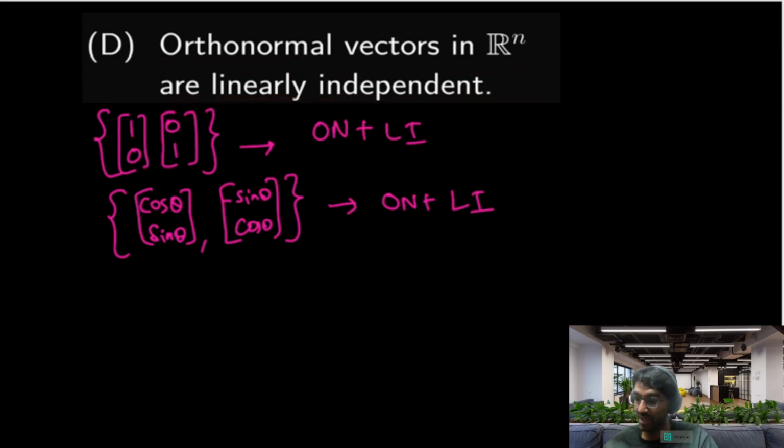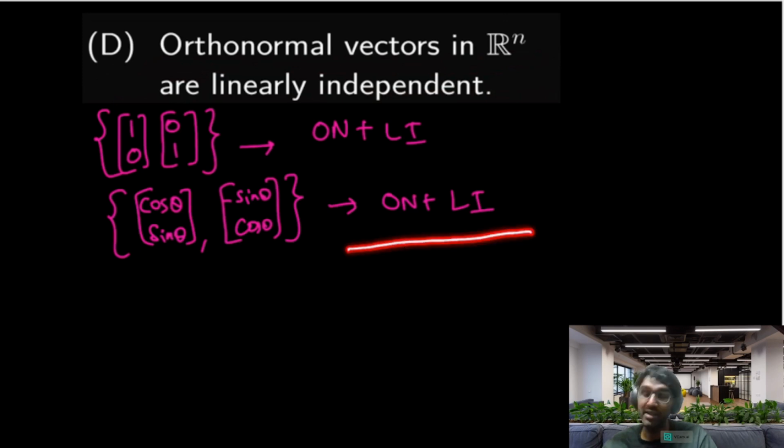So we have to try to find a case where the vectors are orthonormal but not linearly independent. We start with our standard basis for R2. Here the set is both orthonormal and linearly independent. Again we try the set cos theta, sin theta, and minus sin theta, cos theta. We saw in the first option that it is also orthonormal and linearly independent.